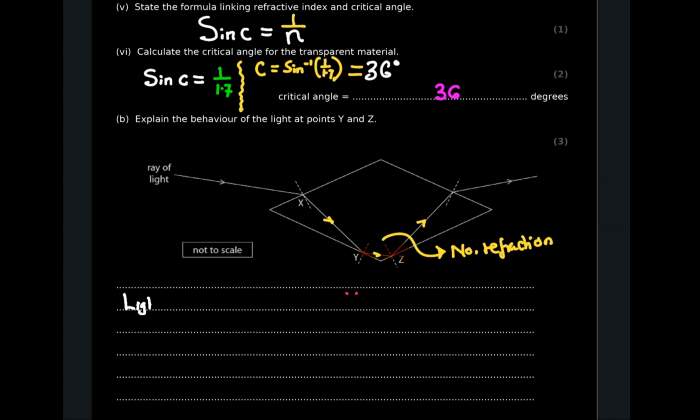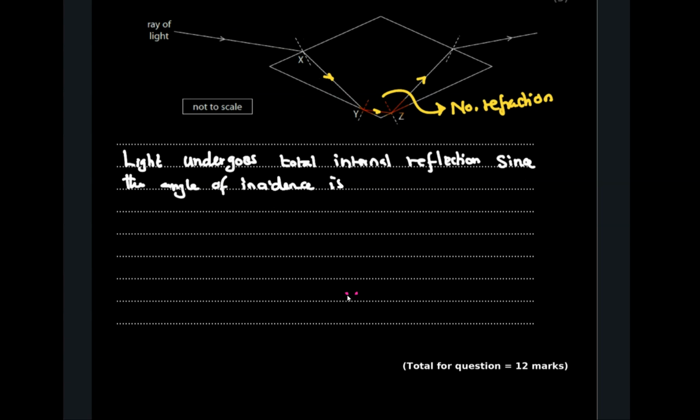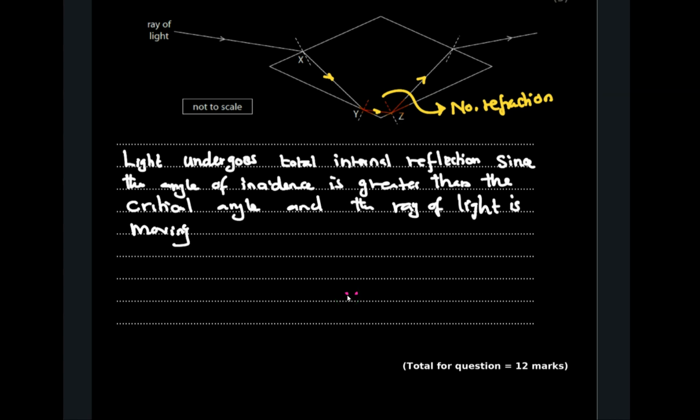The light has undergone total internal reflection, since the angle of incidence is greater than the critical angle and the ray of light is moving from a dense medium to a less dense medium. That's what you are supposed to respond at that point.